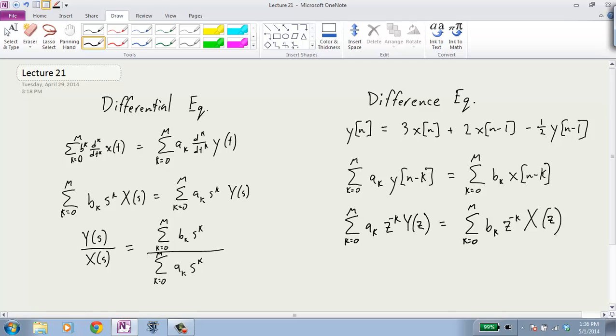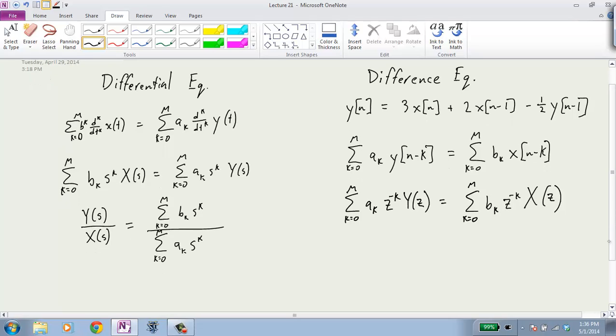All right. So here we get something in z inverse. We get that Y(z) over X(z) equals a sum of the b_k's times z to the negative k.